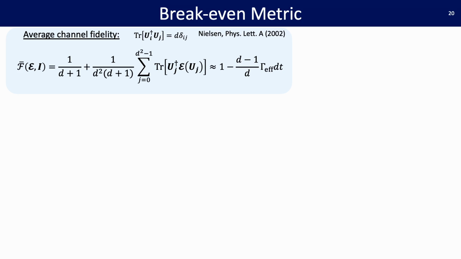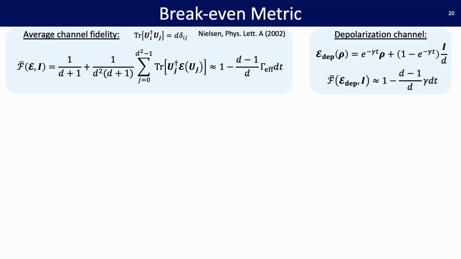And here this prefactor comes from comparing it to a depolarizing channel on a qudit, which takes probability out of the density matrix at rate little gamma and deposits it into the maximally mixed state. So we now have a single characteristic rate characterizing effectively the decay of our error correction channel, of our system.